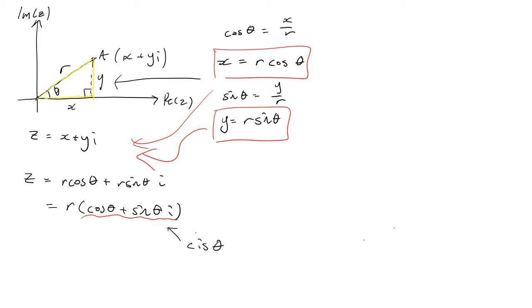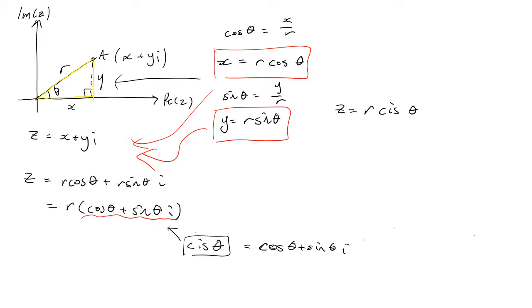So cis theta is equal to cos theta plus sine theta i. And therefore, the polar form of a complex number is r cis theta.